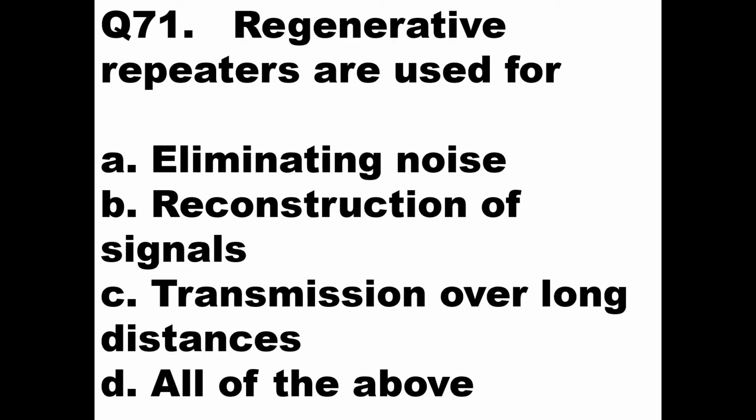Regenerative repeaters are used for: option A, eliminating noise; option B, reconstruction of signals; option C, transmission over long distances; and option D, all of the above. Okay. Now regenerative repeaters are the devices or circuits which regenerate a given pulse again. Say for example, the binary 1 pulse is transmitted on a transmission line.